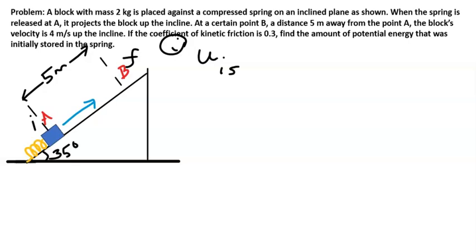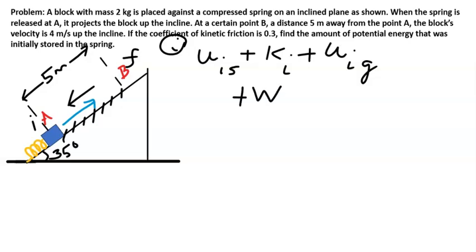And then you have the kinetic energy at the initial location, and you also have the gravitational potential energy at point A. In addition to that, we know there is friction opposing the motion, so that means there must be work done by this friction, and that must be taken into account. On the left-hand side, let's call it W sub f.